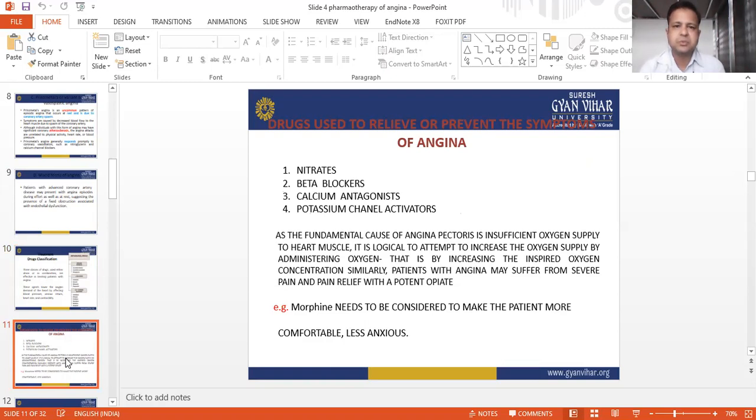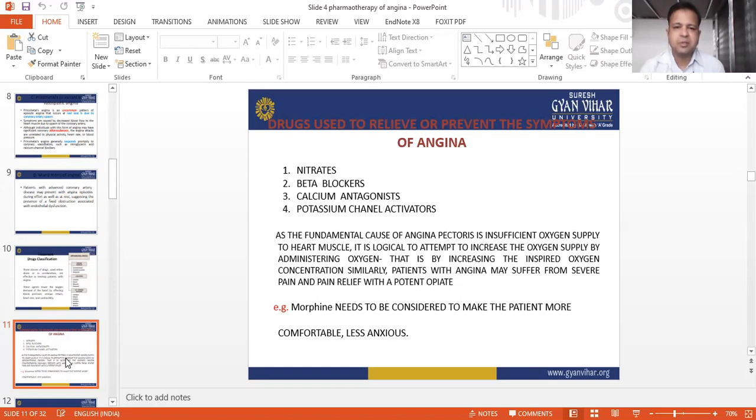Drugs used to relieve or prevent the symptoms of angina: nitrates, beta blockers, calcium antagonists, potassium channel activators.